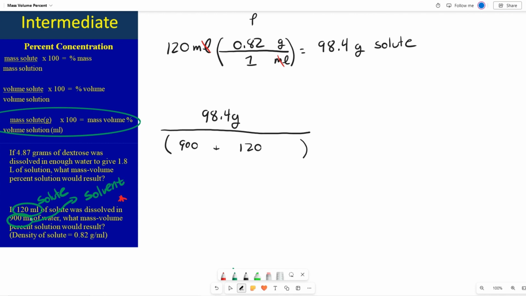If we add those together, it gives us 1,020 milliliters of solution. So if we take 98.4 and divide it by 1,020, it gives us 0.096. Then to convert that into a percent, we just multiply by 100, and that'll give us 9.6% for the second problem.